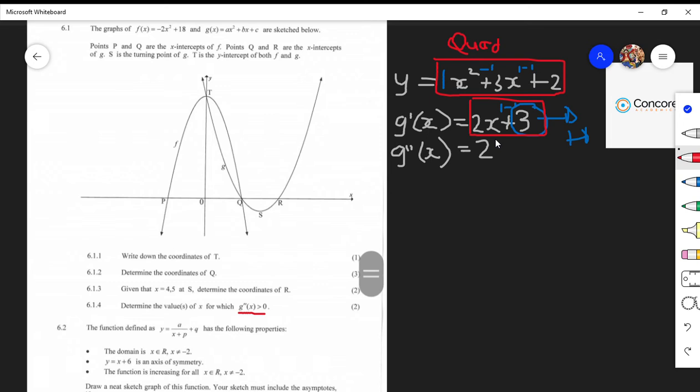And then when you derive a straight line, you just get a constant, which is this. And if, for example, this was in fact the actual equation of g of x, then our second derivative of g of x would then be 2, which would be like somewhere here. Okay, so I hope the practical example helped your understanding.